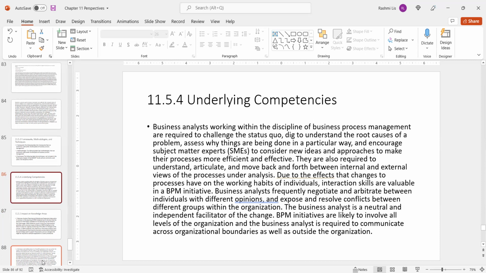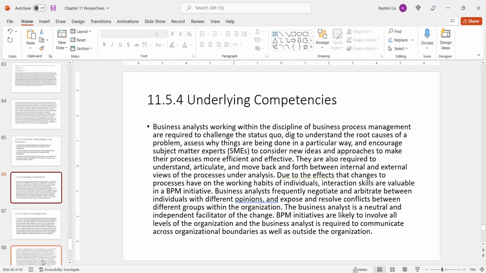They are also to understand, articulate, and move back and forth between internal and external views of the processes under analysis. Due to the effects that changes to processes have on working habits of individuals, interaction skills are valuable in a BPM initiative.